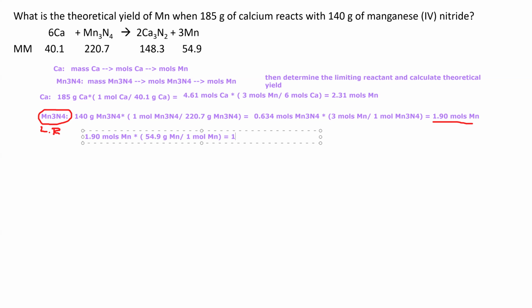And we get 104 grams of manganese. And again, this is referred to as the theoretical yield. Since it gave us information about both reactants, we had to determine which reactant produced the fewer moles of product. In this case, it was manganese 4 nitride. Then we took the moles of product produced by that reactant and converted it to mass to get the theoretical yield.